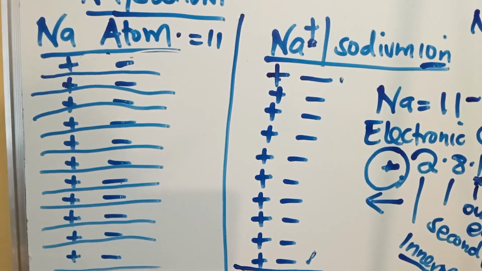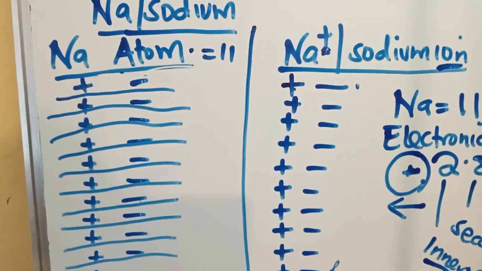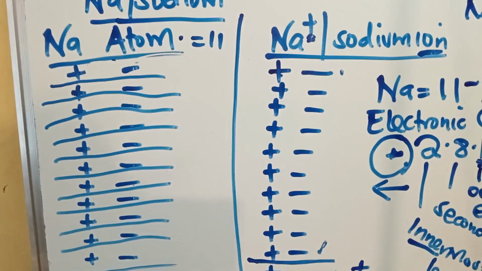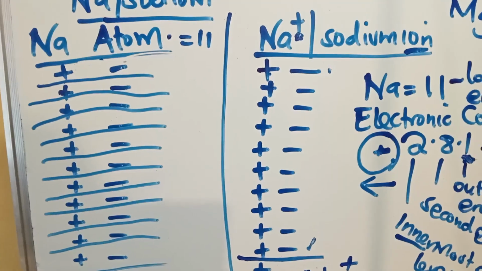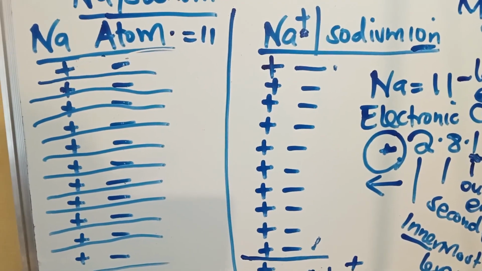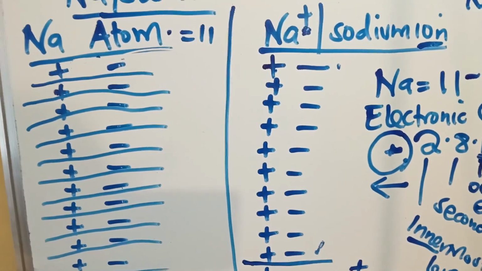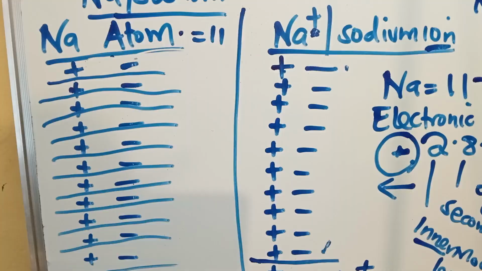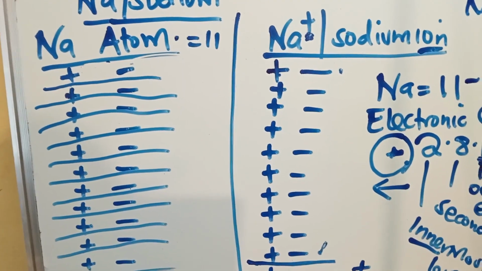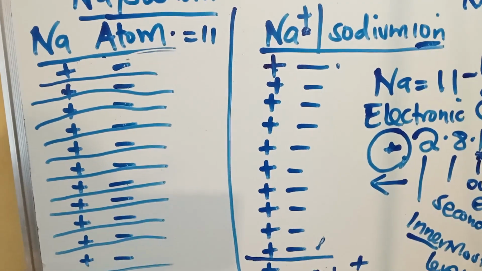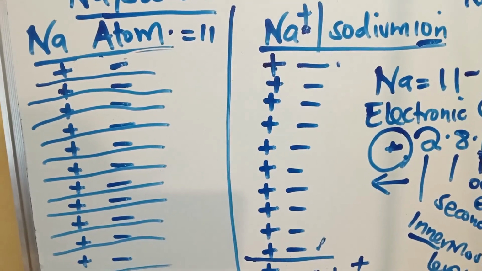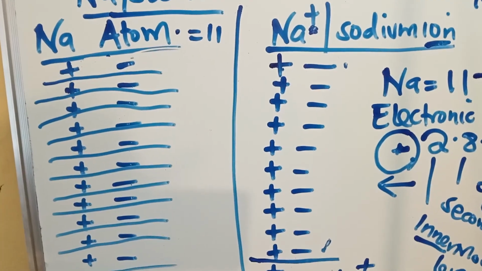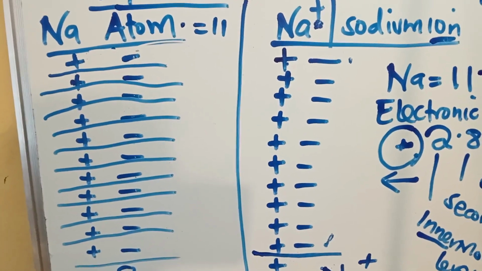So we have just explained why, even though sodium is losing an electron, it will acquire a positive charge. There is some kind of irony in that: an atom is losing an electron but acquiring a positive charge.